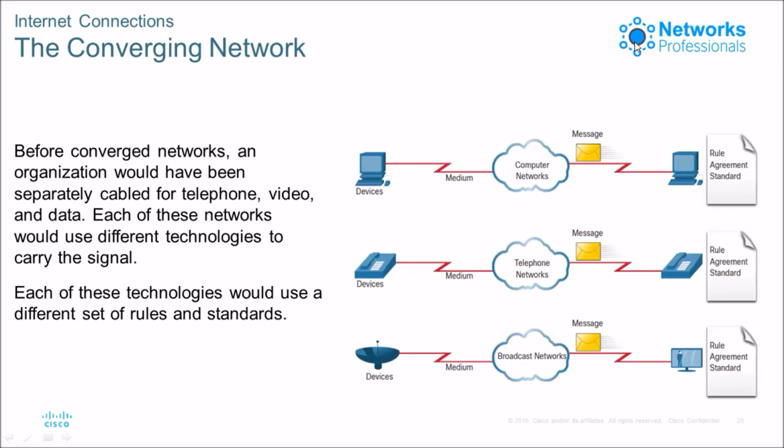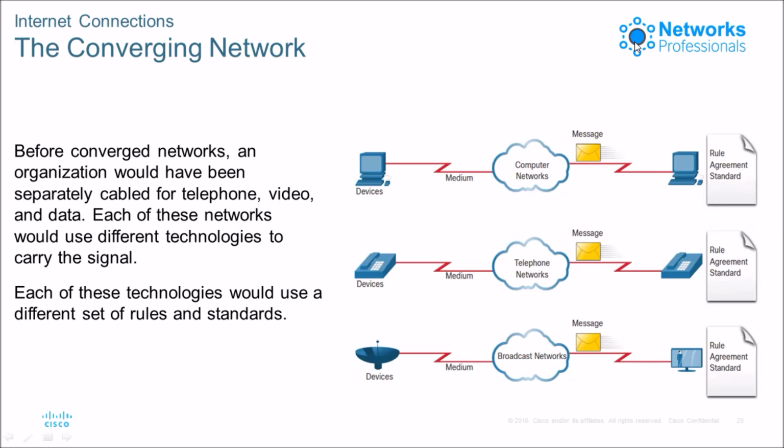Converged network. Before converged networks, an organization would have been separately cabled for telephones, video, and data. Each of these networks would use different technologies to carry the signal. Consider a school building 30 years ago. Some classrooms were cabled for the data networks, telephone networks, and video networks for televisions.